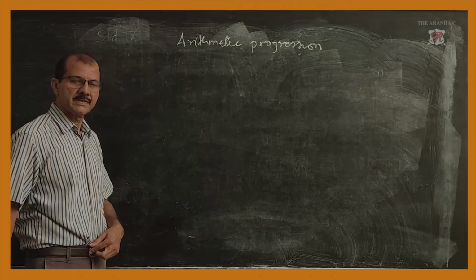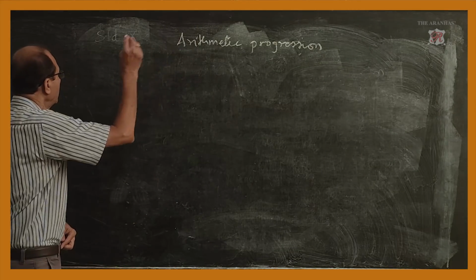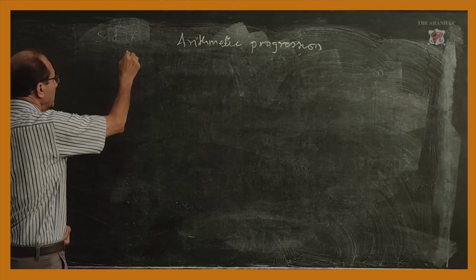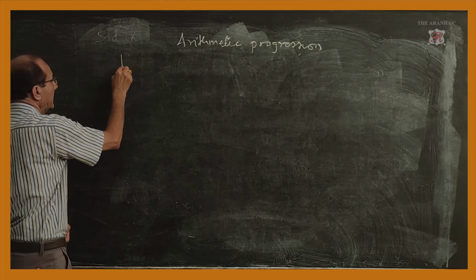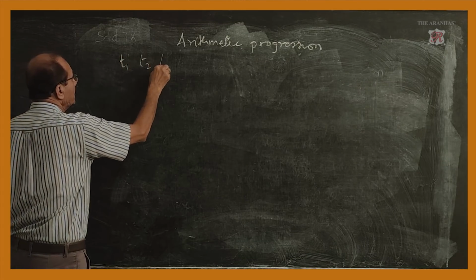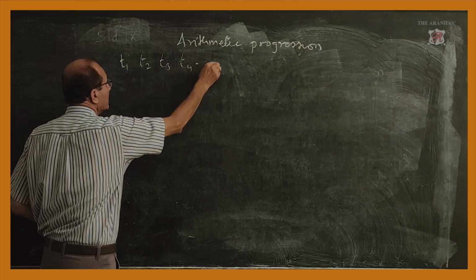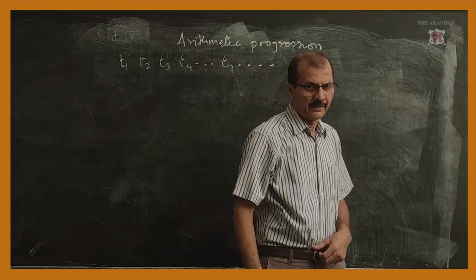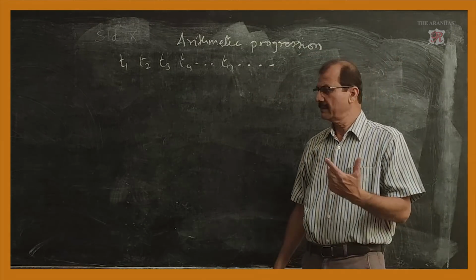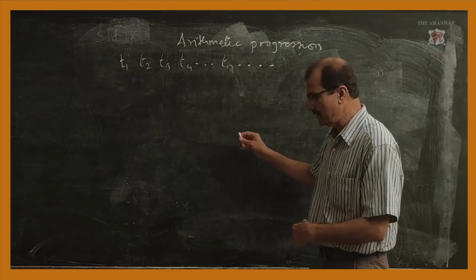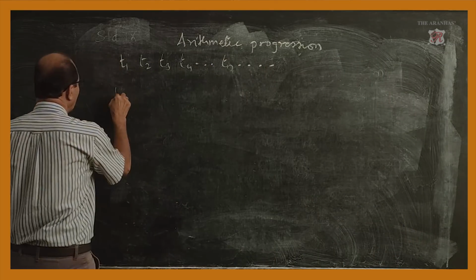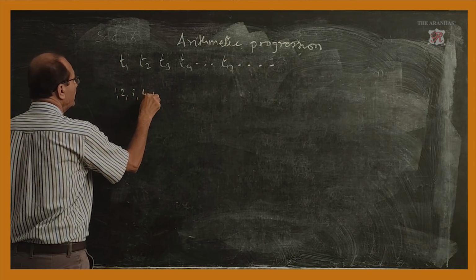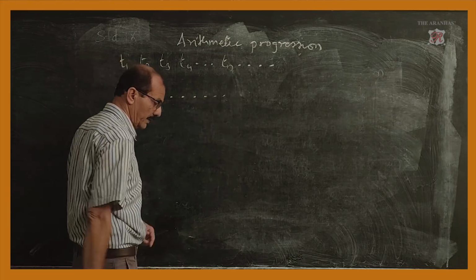Now here in this sequence, the terms are denoted by T1, T2, T3, T4, Tn and so on. For example, I told you natural numbers: 1, 2, 3, 4, 5 and so on.